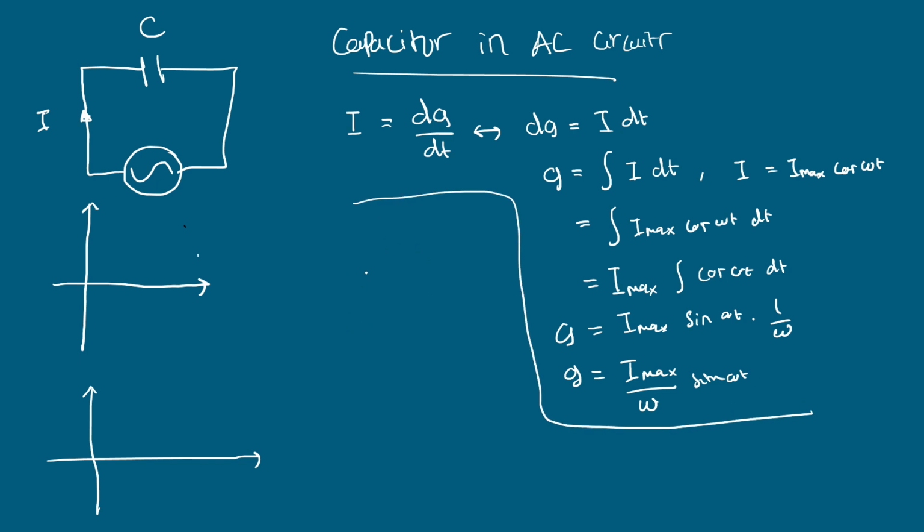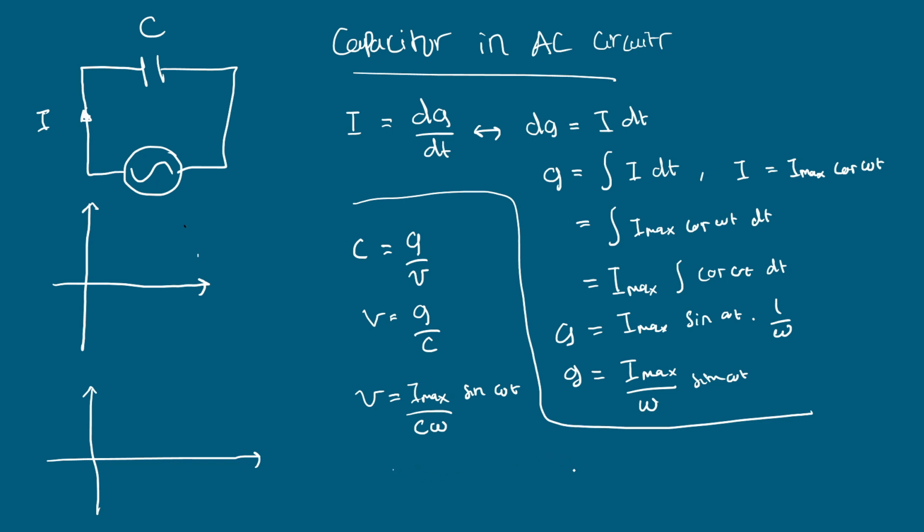As we know, a capacitor has the capacitance formula C equal to Q divided by V, charge divided by voltage, and V will be equal to Q divided by C. So we can just input this quantity into this form. So we're going to have I max sine omega t per C omega.